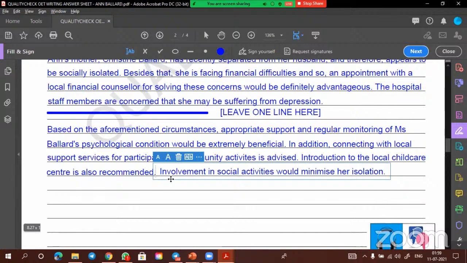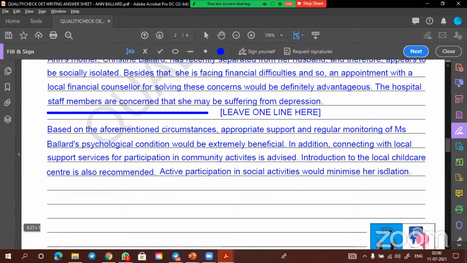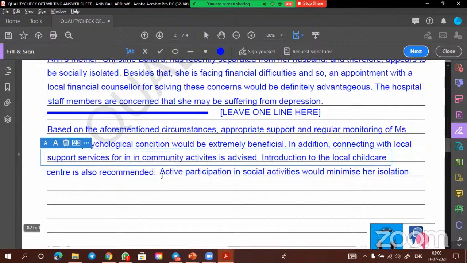Okay, engagement you can say, otherwise involvement or engagement or participation. Active participation in social activities would minimize their isolation. Right, participation we have written for services, so for involvement here we'll write this. I hope you understand what I'm saying.